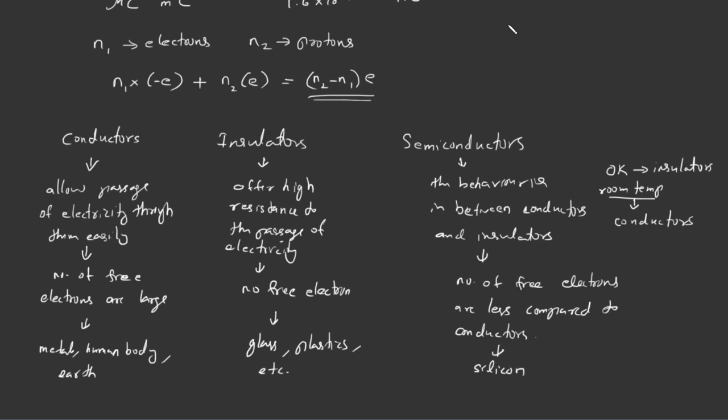Now last, we are going to understand what is earthing. We already understood that when a charged body is in contact with the earth, all the excess charge on the body disappears by causing a momentary current to pass to the ground through the conductors.